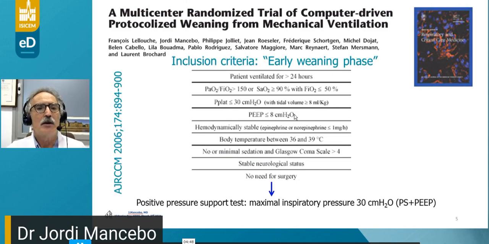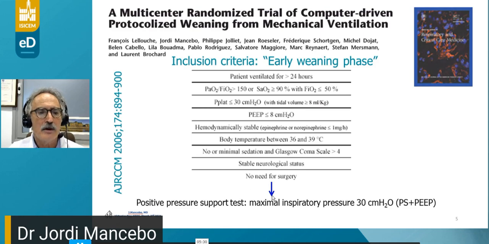This is a study conducted in patients who were very early in their weaning phase, when they still had not passed an f over VT test. These were patients in the recovery phase with reasonably good gas exchange, reasonably good mechanics at low levels of PEEP, who were hemodynamically stable, and had no concerns regarding neurological status and no need for urgent surgery.